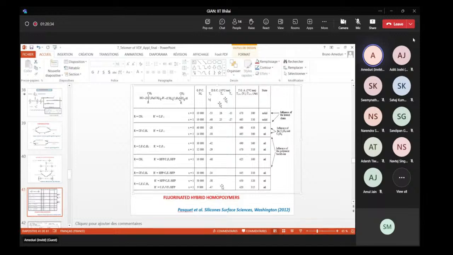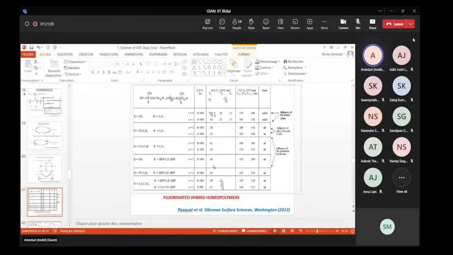And the Tg here, we show some melting point. It was not good to have a melting point because we want to be elastomeric, no crystallization, in order to favor some cross-linking later. And as you can see, the Tg were ranging between minus 18 to minus 53, which was very suitable in this case. Just to keep in mind that the commercially available fluorosilicones show a Tg of minus 65, 68.